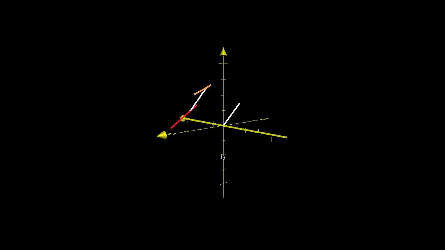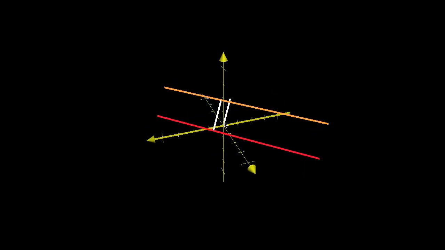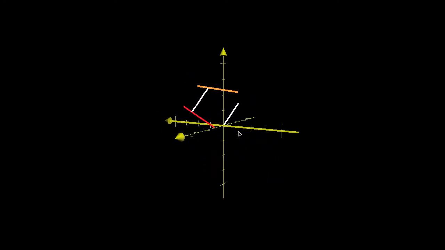So this is what I get. I add the white vector coming here, which represents the distance between the blue line and red line at their closest approach. And I add it to the red vector, and I slide it across, and that gives me this line right here, the orange line. Now all I have to do then is, I have the equation for this line, because I've taken this and added to that. I have the equation now for this line, so I have to find where this line intersects the blue line.